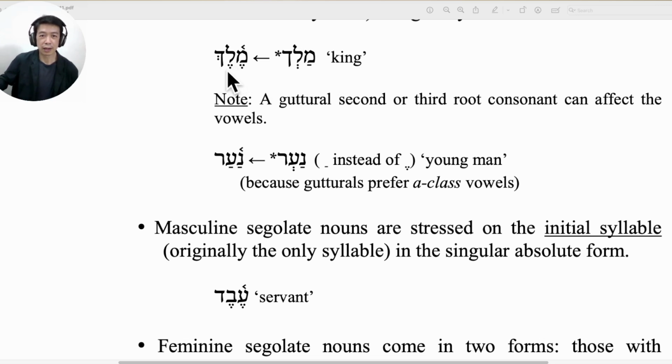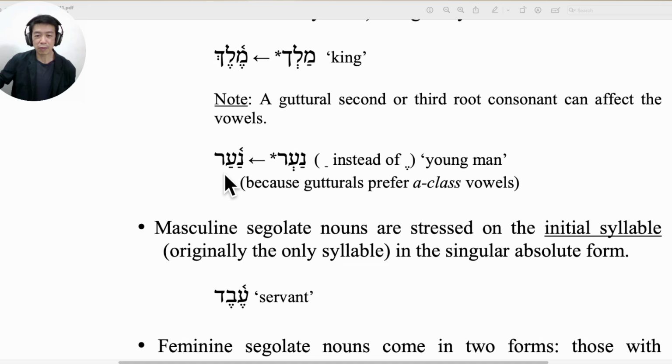Please note that for the word young man, gutturals prefer A-class vowels, so instead of Segols, a patach was added to each of the characters so it becomes easier to read, like na'ar, meaning young man.